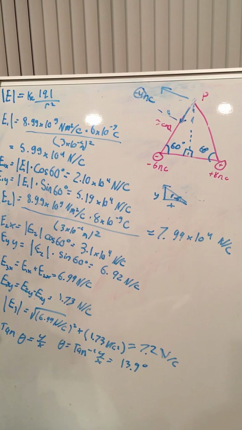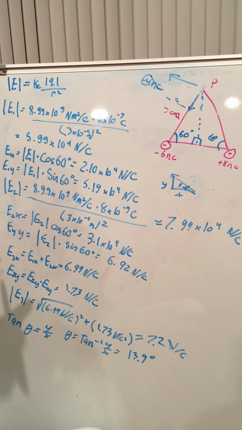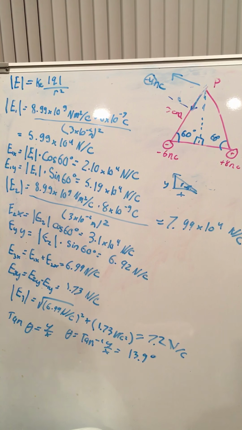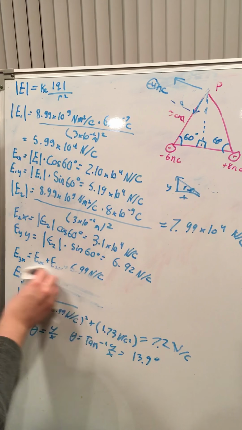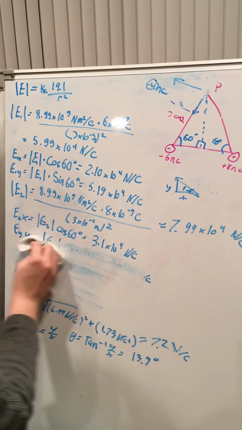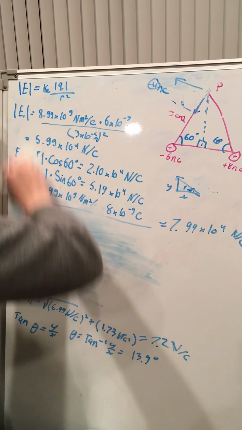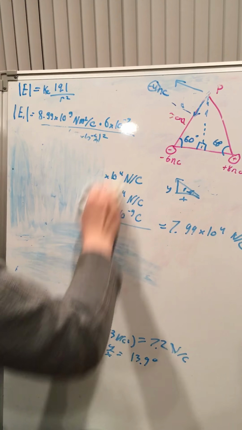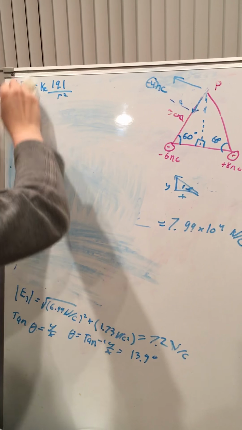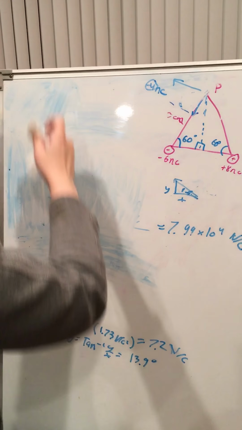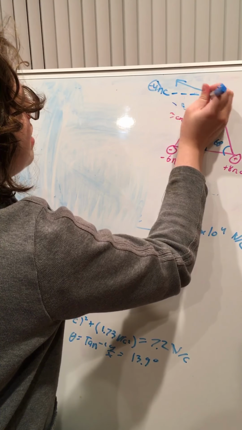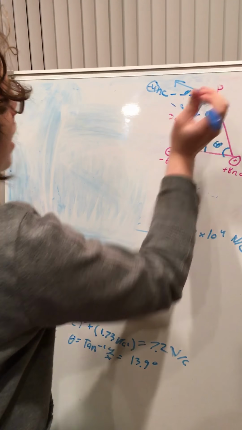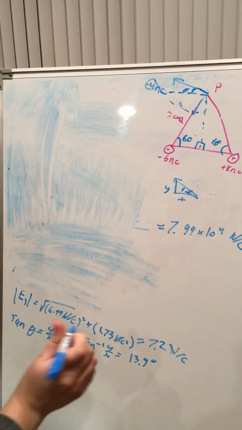I'm going to erase the calculations up here because we don't need them anymore now that we have the answer down here, and I want more room to write. Now, that's my negative x-axis, that's the theta, which is down here.